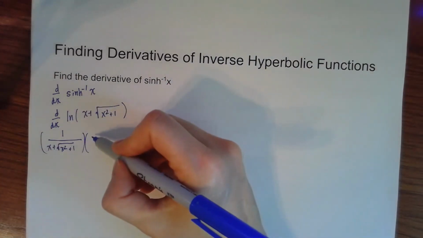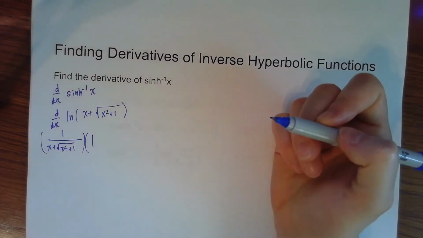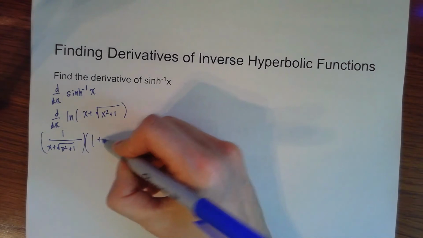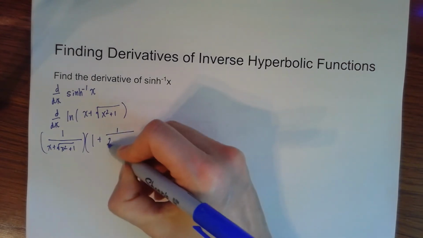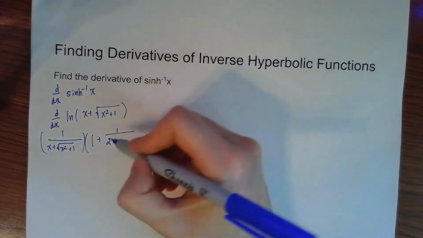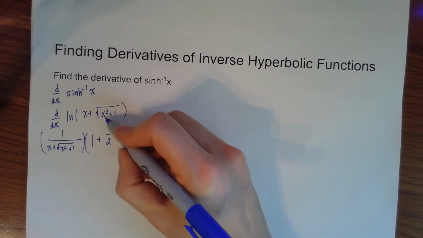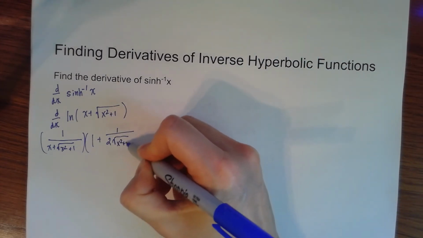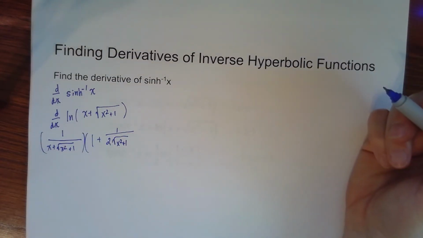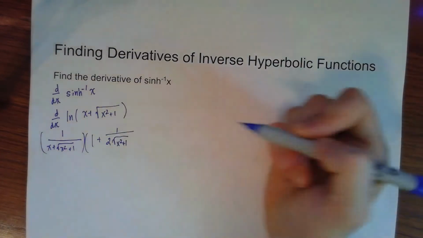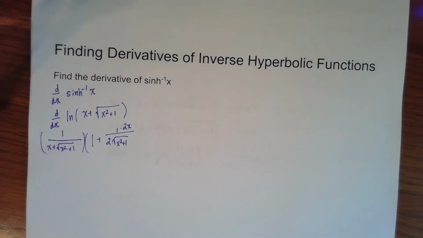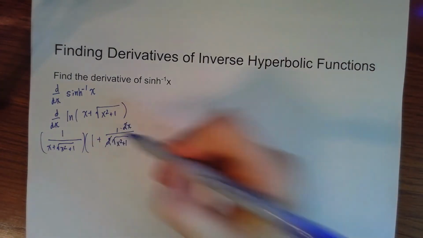The derivative of x is just 1, and the derivative of the square root of x squared plus 1 will be 1/2 times x squared plus 1 to the negative 1/2, which puts that square root in the denominator, times the derivative of the inside function, so times 2x. Those 2's cancel out.